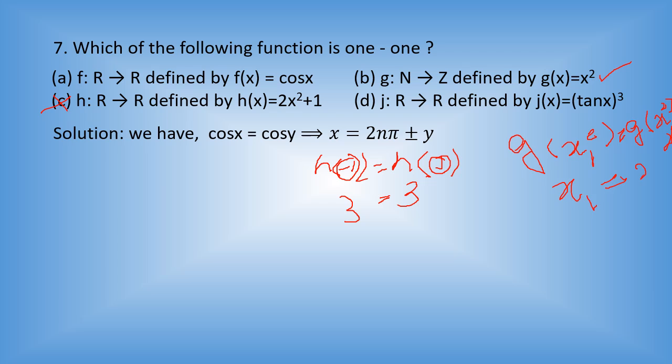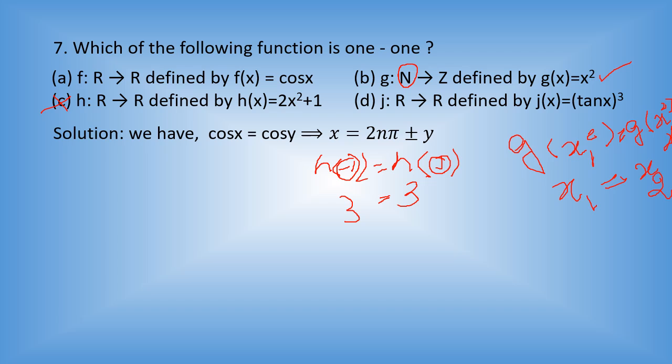This is the only possibility. There is no other option, because both x1 and x2 belong to the set of natural numbers. In the set of natural numbers, there is no negative number here. So this is possible only when the domain is the set of all natural numbers. Therefore, clearly B is a 1-1 function here.